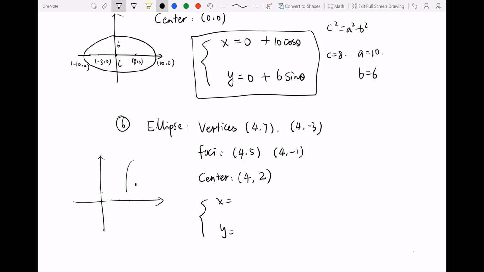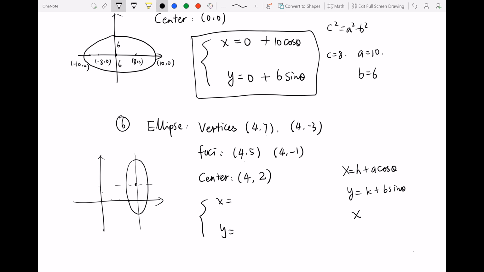Basically, the formula is x equals h plus a cosine theta, and y equals k plus b sine theta.